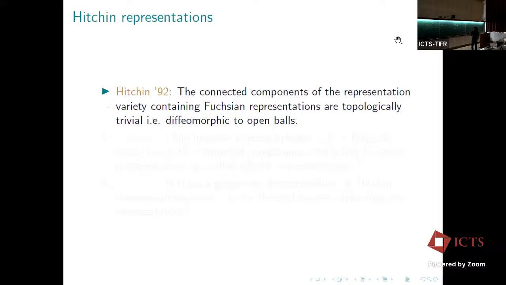Now, Hitchin in 1992 showed that if you consider the representation variety and its connected components, particularly those components which contain the Fuchsian representations, those connected components are topologically trivial, which means they're diffeomorphic to open balls.